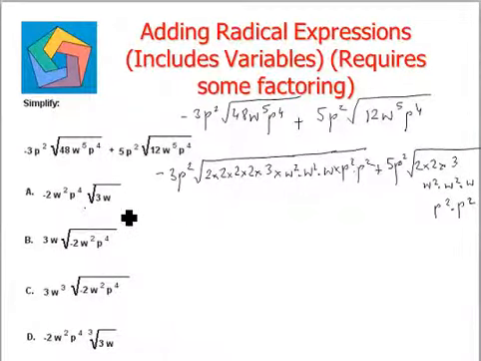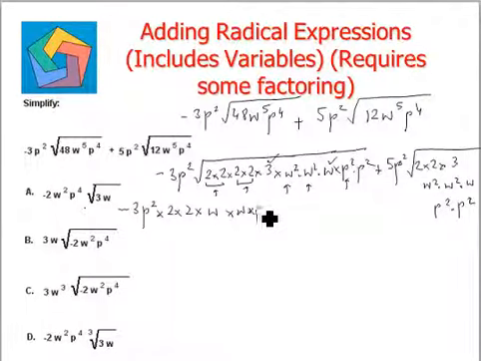So we have negative 3p squared. Now we'll make groups of 2. Two 2's, this is 1 and this is another pair, so this comes out as a single 2 and another single 2, then w squared as 1w, another w squared as another w, and 3 will remain inside, p squared as a single p outside, and another p squared as another p.